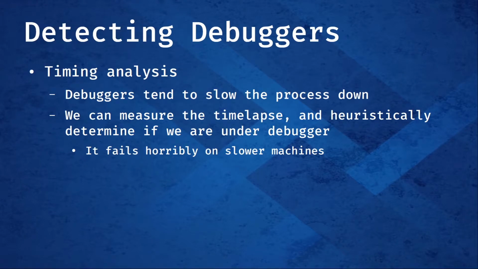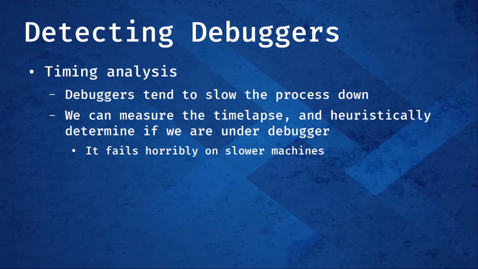Then we move to detecting debuggers, and there are many techniques. The easiest one to implement is something called timing analysis. The basic idea is that if a program is running outside a debugger, it will run fast, and if someone is trying to debug it, someone is trying to inspect what exactly is going on, it will take time.